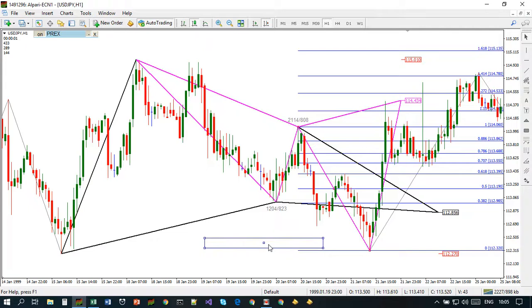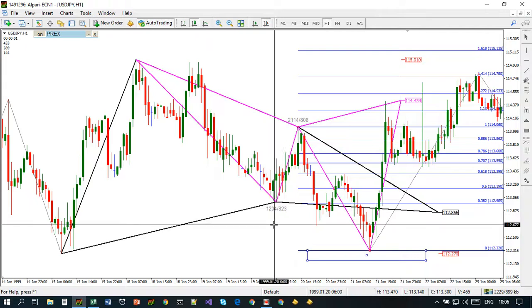Okay, this is the rectangle that symbolizes 1 ATR period 5000, and I place it below this low. Another way to do that, I just forgot about that. The NPS is very powerful, guys. It can do this automatically.